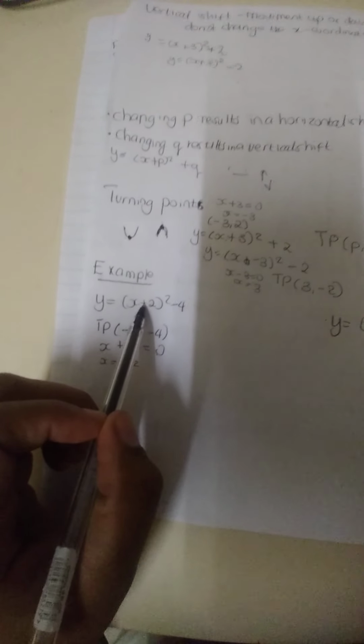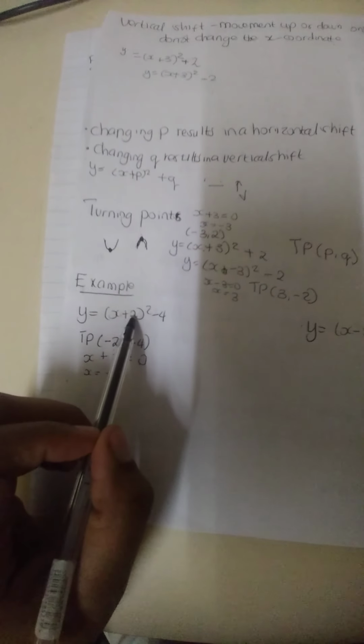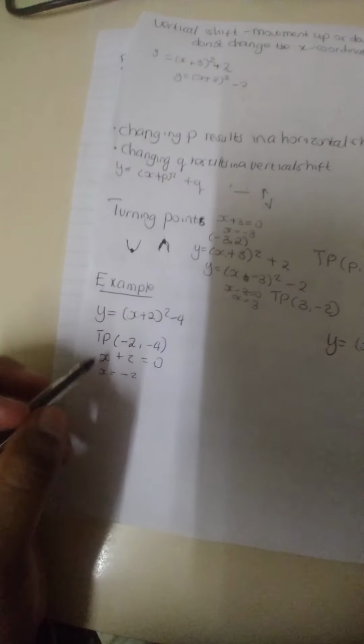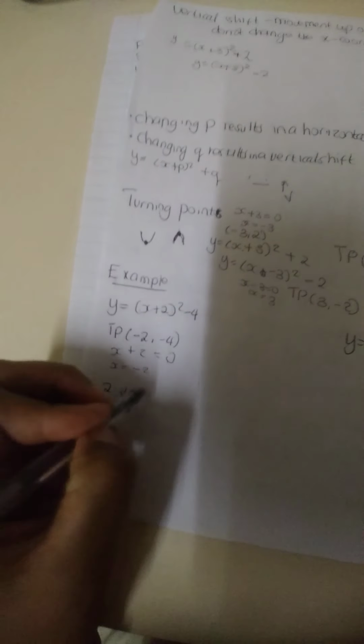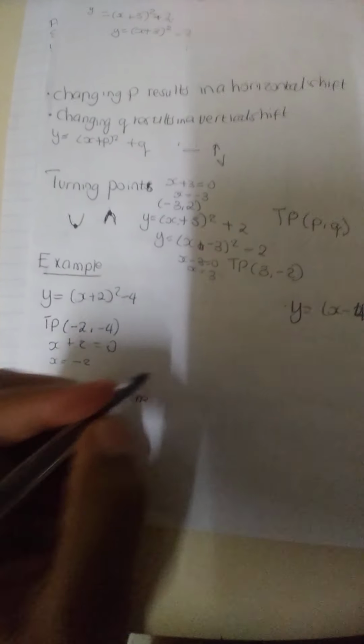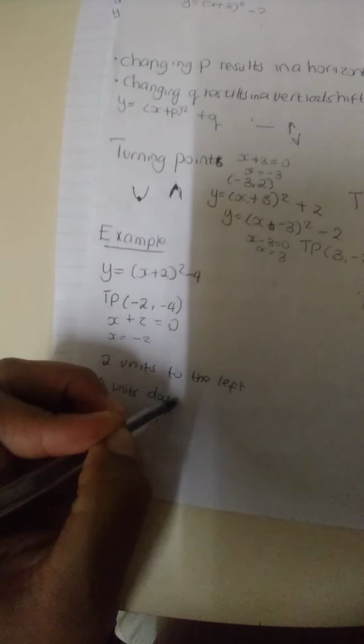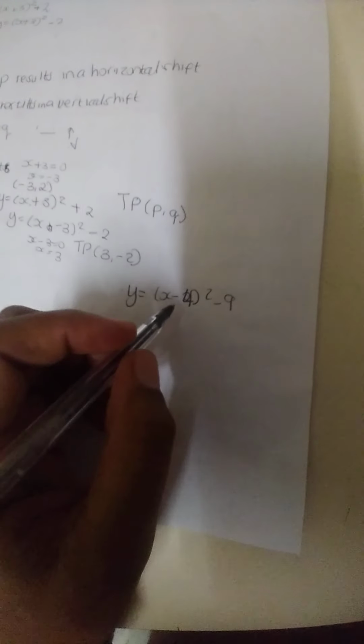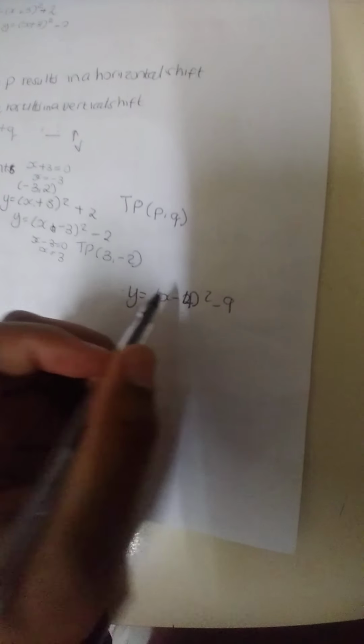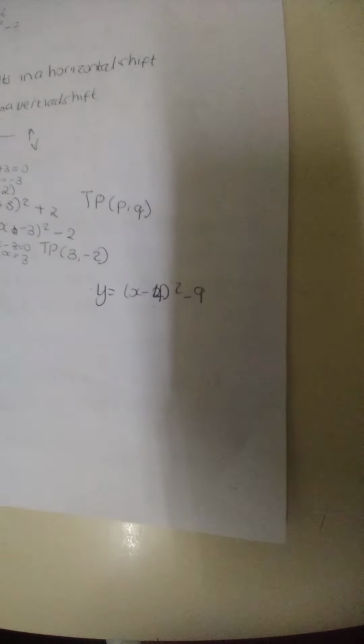And then our shift, as I said, when we add the value to x, we are moving to the left. So it's going to be 2 units to the left, and then this one is negative, which means it's 4 units down. Okay, and then this side, remember I said when we subtract the value from x, we're moving to the right.